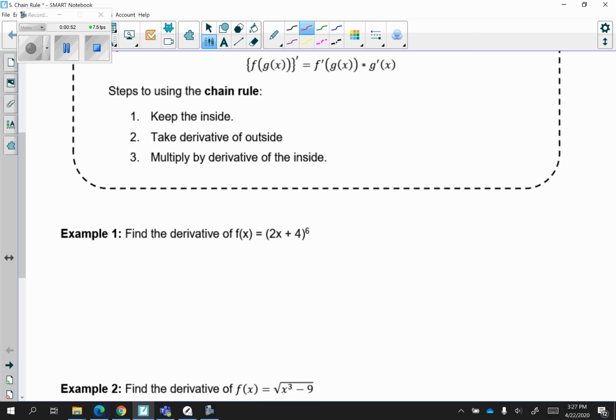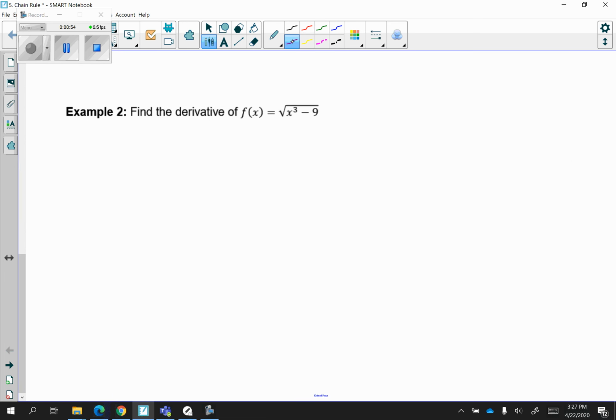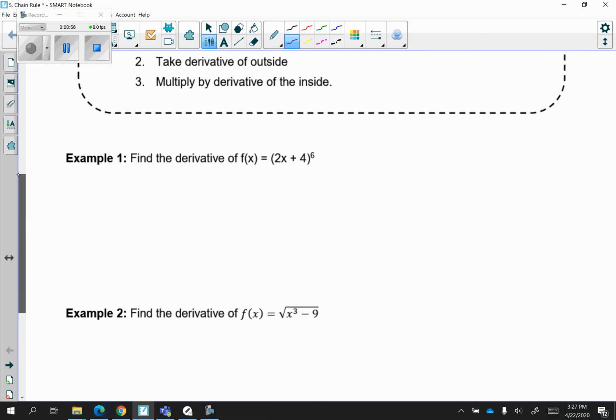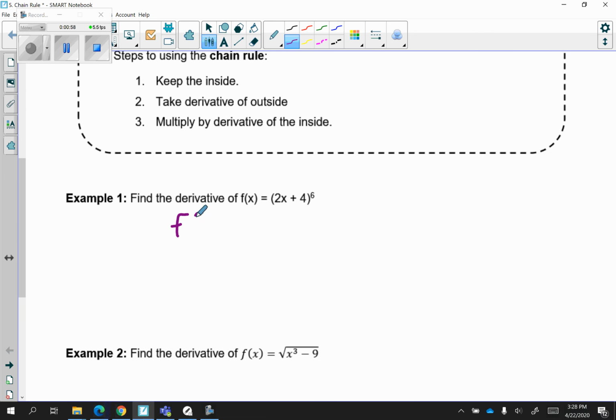So the first thing I'm going to do is write f prime of x is equal to, I'm just going to deal with the outside. And what I mean by the outside is this 6, I'm going to move to the front. I'm going to rewrite, keep the inside, 2x plus 4, and I'm going to subtract 1, so that means there's going to be a 5 here.